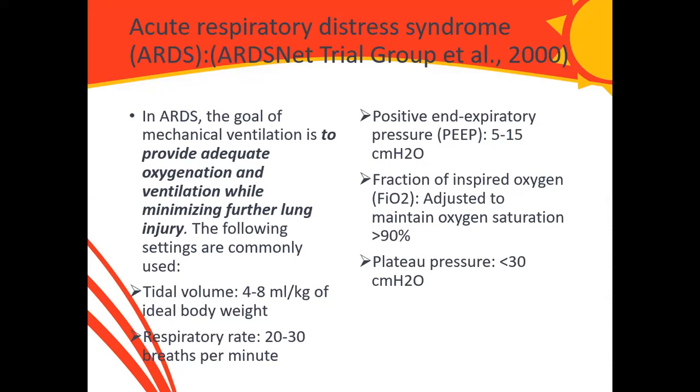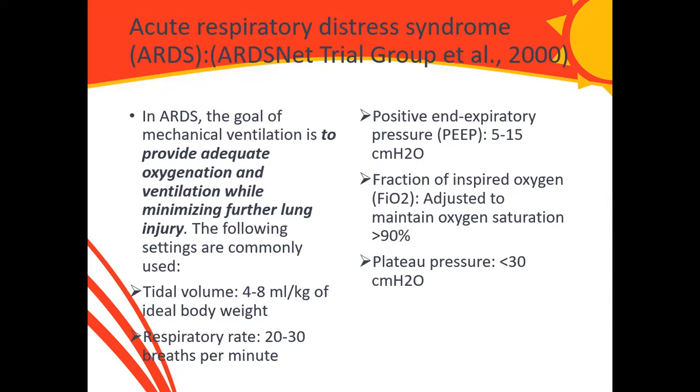The following settings are commonly used. You want to give low tidal volume, or lung protective tidal volume, about 4 to 8 mL per kg. Some people do 4 to 6, or some people do 6 to 8. But you must use the ideal body weight, so you need to calculate it. I hope we all know how to calculate that.